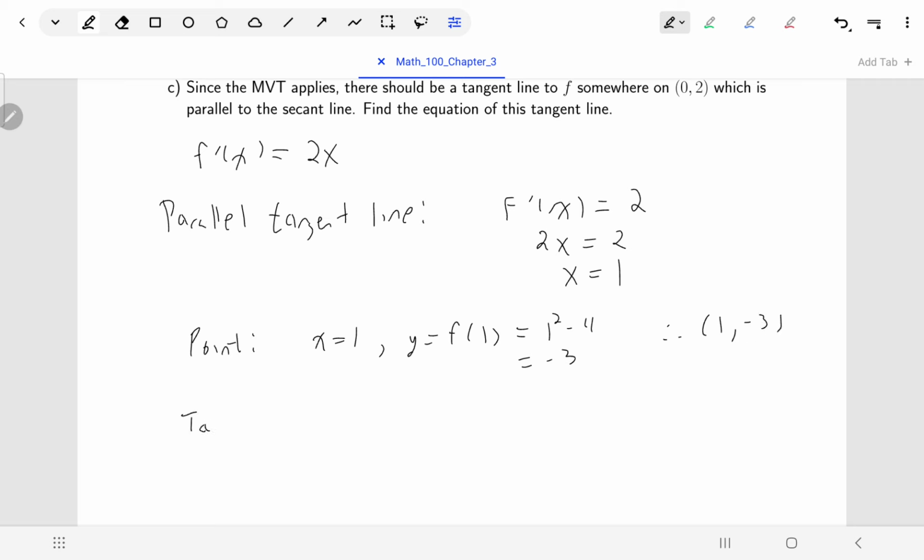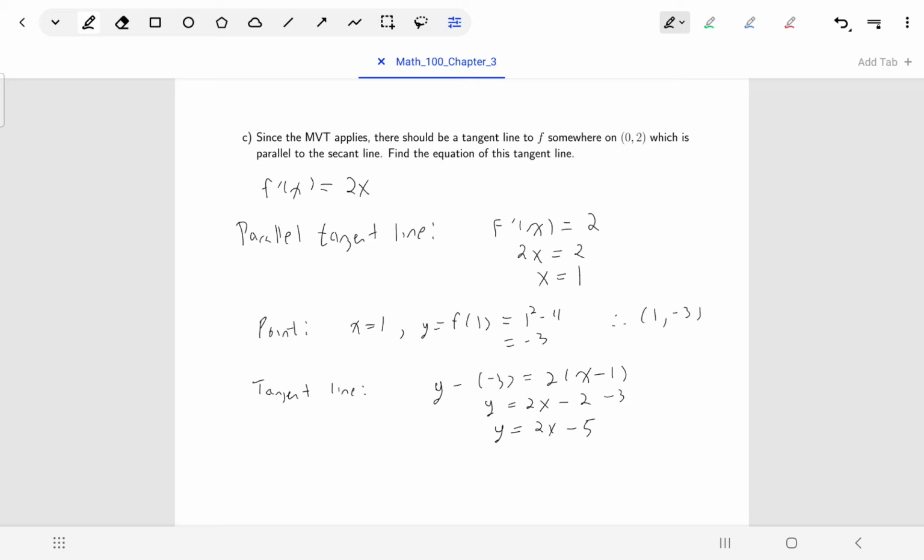And so now for our tangent line, the equation is y minus the y-coordinate equals slope times x minus the x-coordinate. And I've got my second equation, the one for my parallel tangent line, which happens to be y equals 2x minus 5.